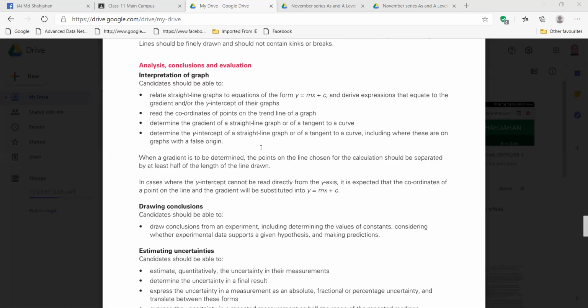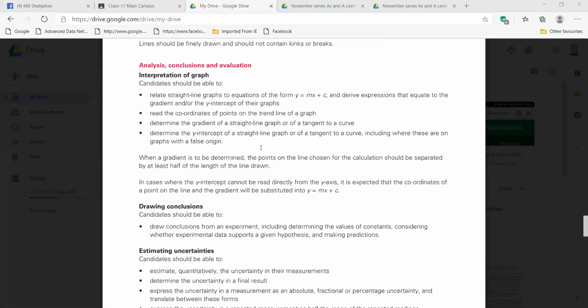When you are plotting the straight line, there is possibility that some of the points or some of the readings you recorded in the table are not going through the straight line, right? Yes, sir. Those points you cannot take. You have to take 2 points on the line.